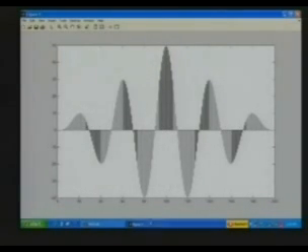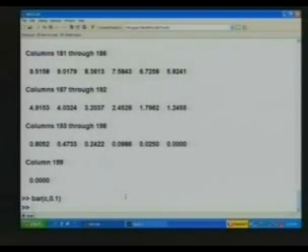The length of the signal is 100, therefore the length of the autocorrelation sequence is 199. Generally the autocorrelation sequence is represented like this.